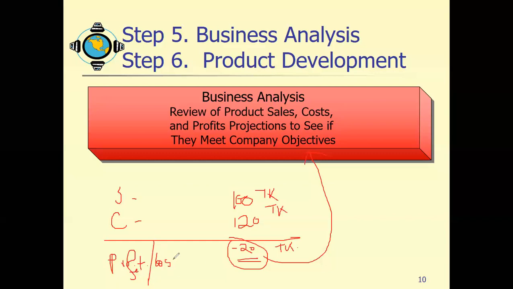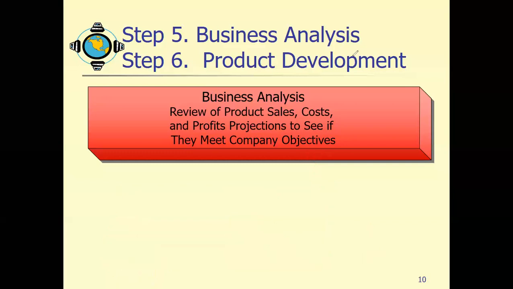So there is 20 taka loss, and this objective is not fulfilled, so we will not go for product development in this situation. If we see that there is profit, we will go for product development. If there is no profit, then we will not. We should not plan for loss, we should plan for profit.